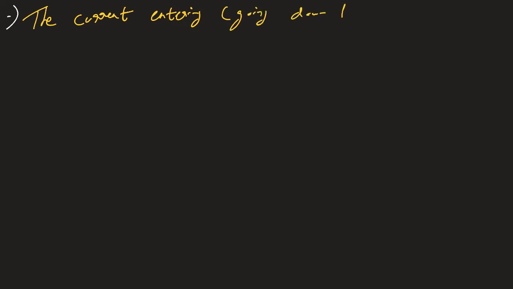Now let's get our second equation. Now the current going down from node 2 is minus delta I, right?